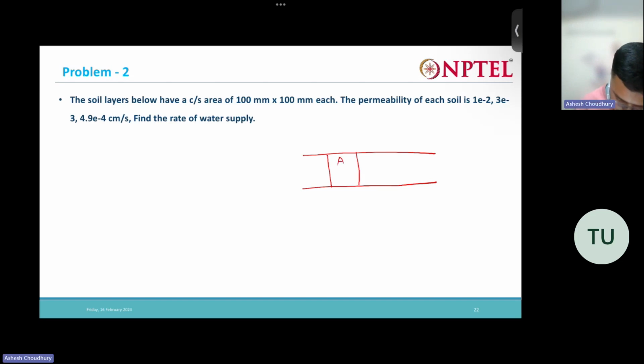This is soil layer A. This is soil layer B. This is soil layer C. Okay.